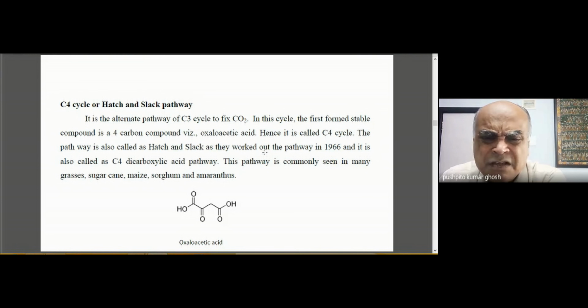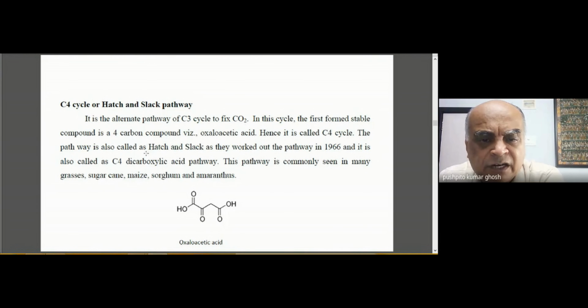It's just 50 to 70 years. Even the Calvin cycle, the C3 cycle, was worked out in the late 50s. So we are talking about a time scale of about 60 years. All right. Now, these were the two people, Hatch and Slack.